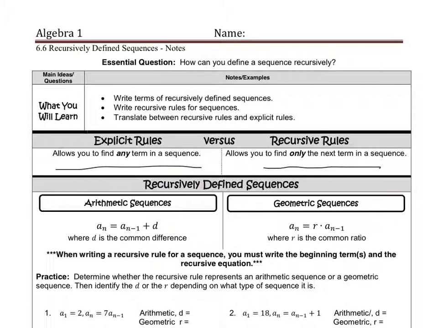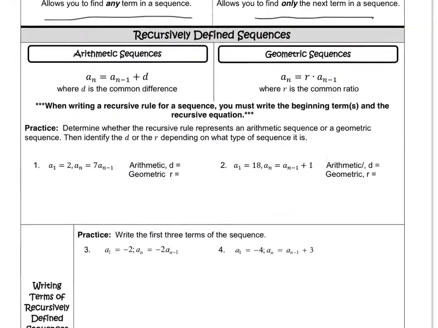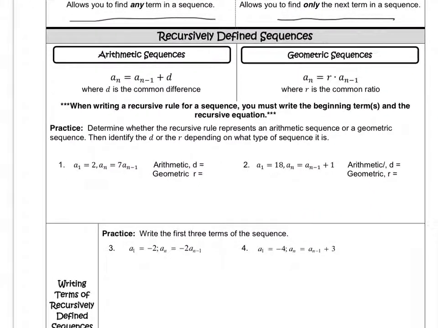So let's look at the two kinds of sequences that we've been working with in the past: the arithmetic sequences and the geometric sequences. As a review, the arithmetic sequences are the ones that we can add or subtract to.